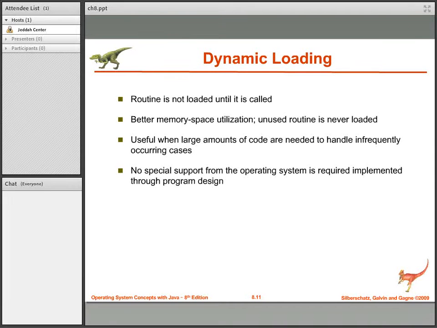Now, the issue of dynamic loading. In this case, we do not load a routine until it is called. So during the program code, when a certain routine is called, then it is loaded.